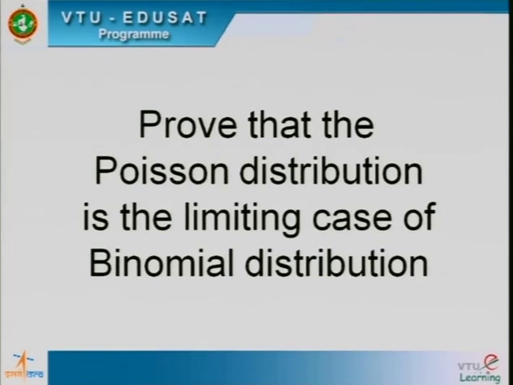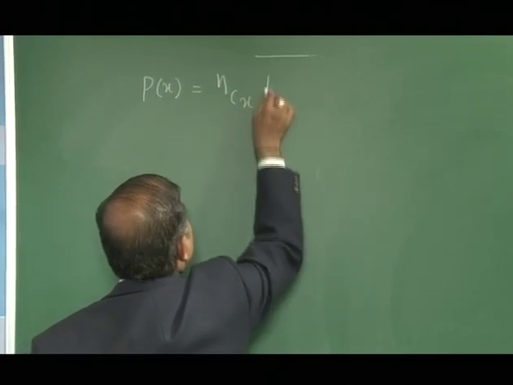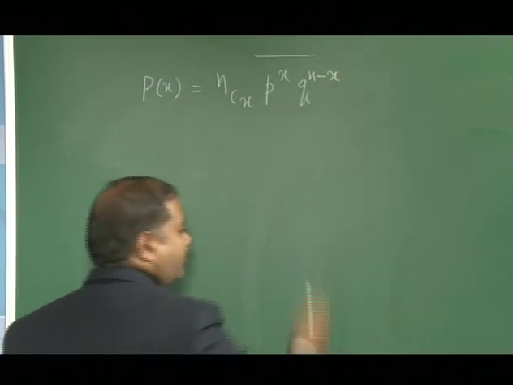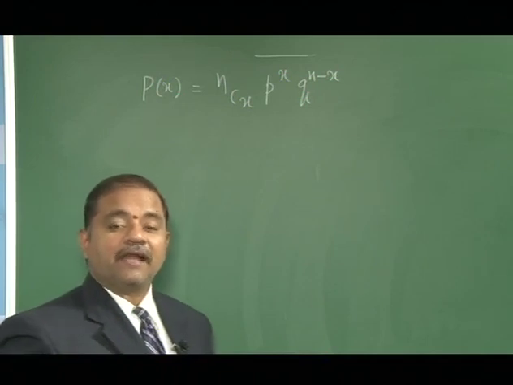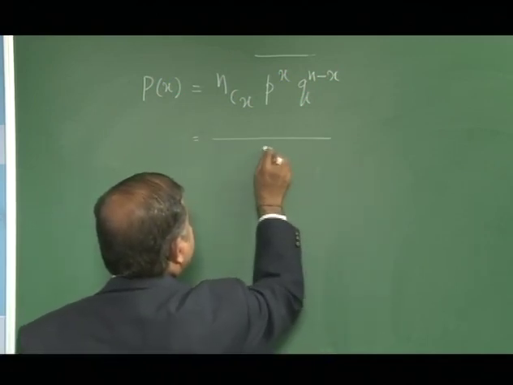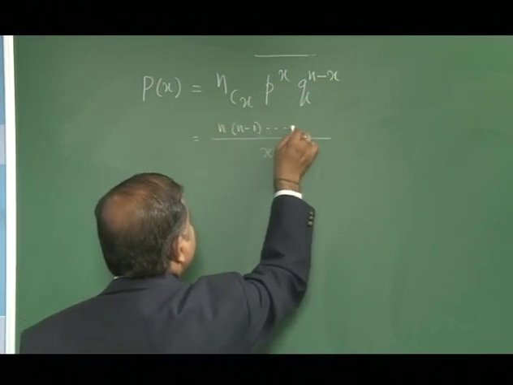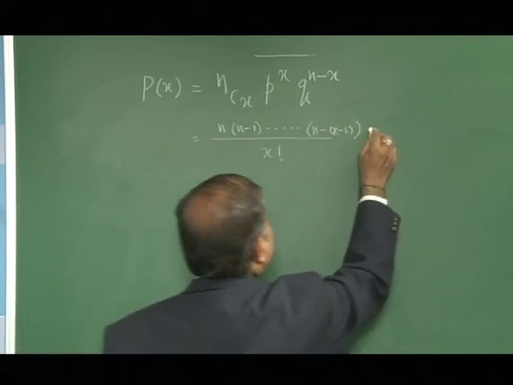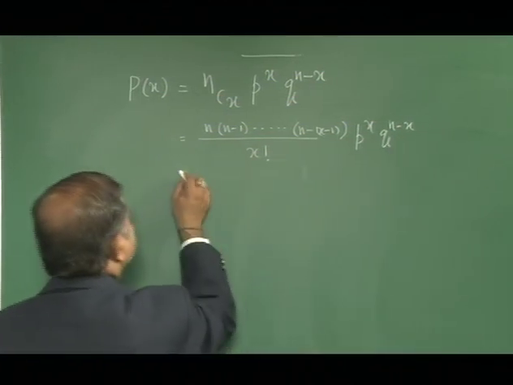What is the binomial distribution probability function? nCx p power x q power n minus x. Here we are giving the justification of how we can take the mean value np as lambda. Now this is nothing but writing the nCx formula with x factorial: n into n minus 1 and so on, up to n minus x plus 1, into p power x q power n minus x.